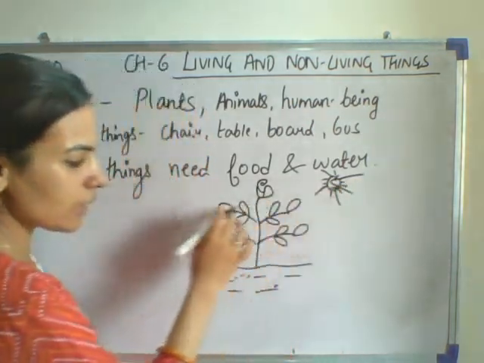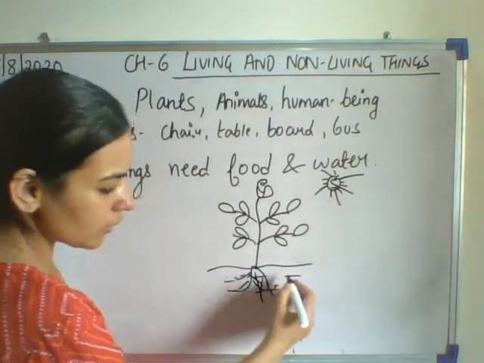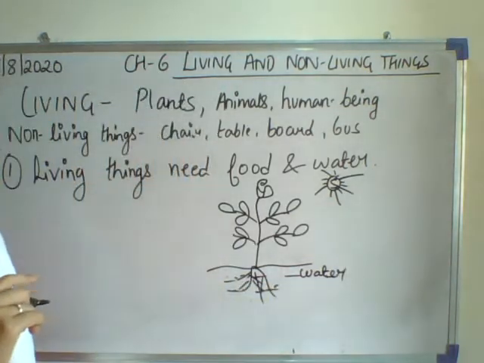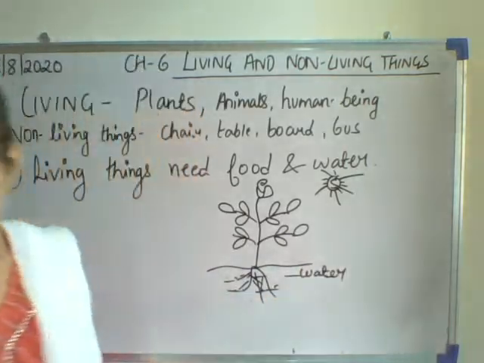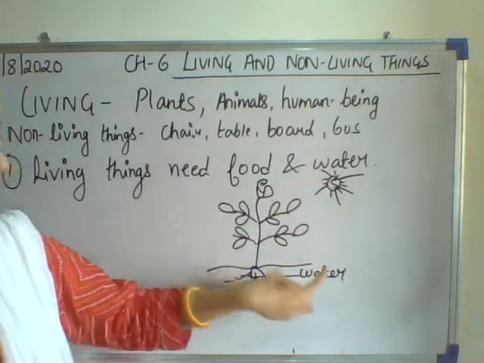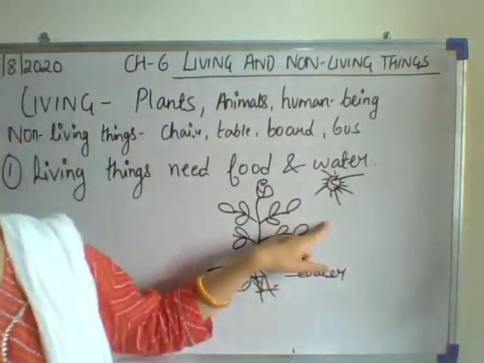Plant also needs water. Water the plant gets from the soil. And the third thing that the plant requires is carbon dioxide gas. So in presence of these three things, the sunlight, water and carbon dioxide, the plant makes its own food.